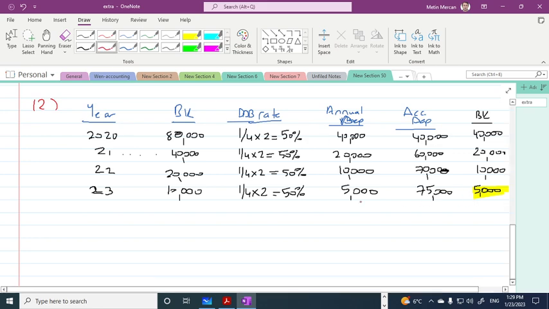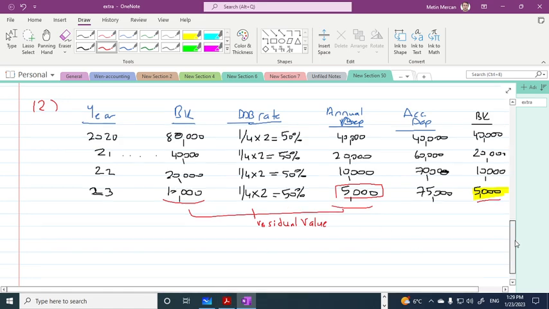Sometimes at the end of the economic or useful life of the asset, the annual depreciation might be a plug-in number. In this case, it comes out exactly the same. So you will plug in a number such that the difference gives the residual value, which is 5,000. As it is here, it is 5,000. But this time it comes out exactly the same.